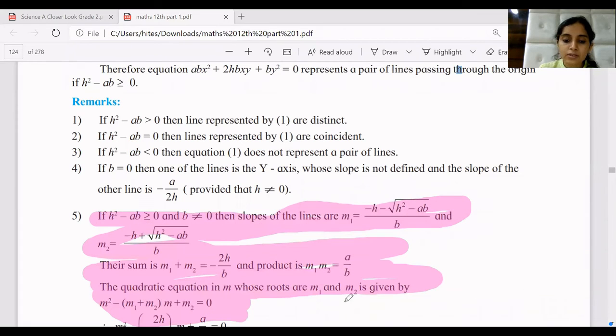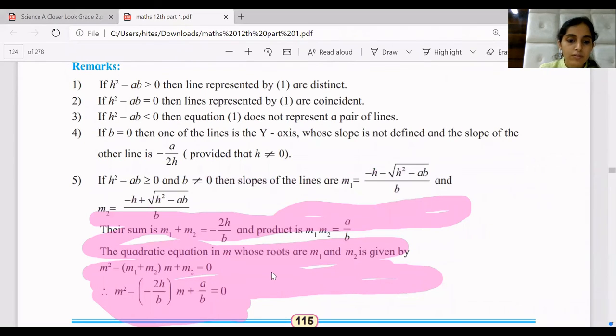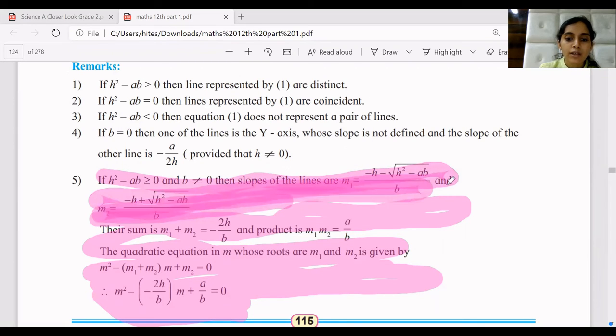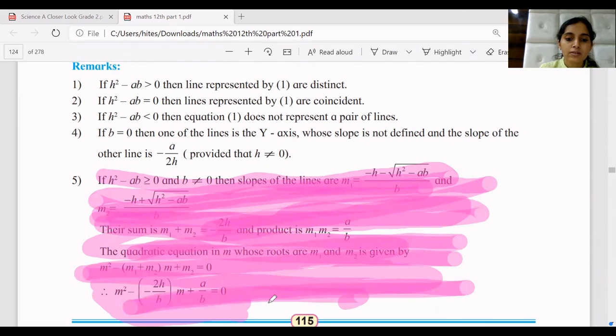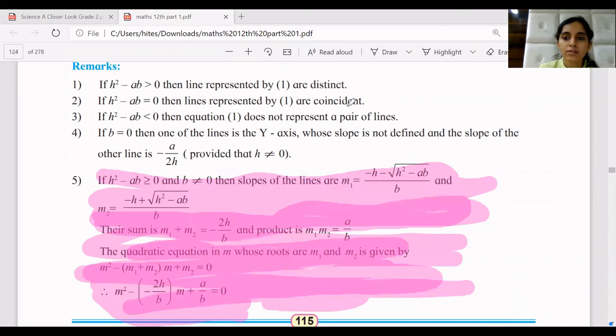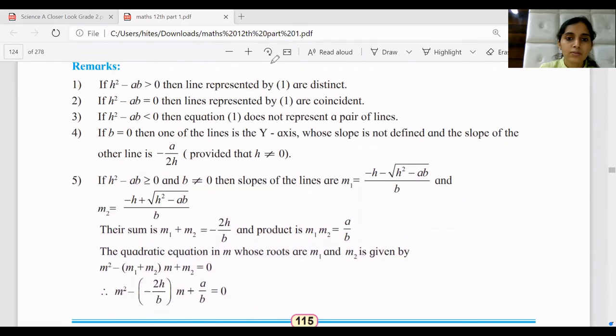combined equations. Okay, also, so what we can see here, slopes of the lines are m1 and m2. One second. Let me highlight the entire thing in a better way, not like this.